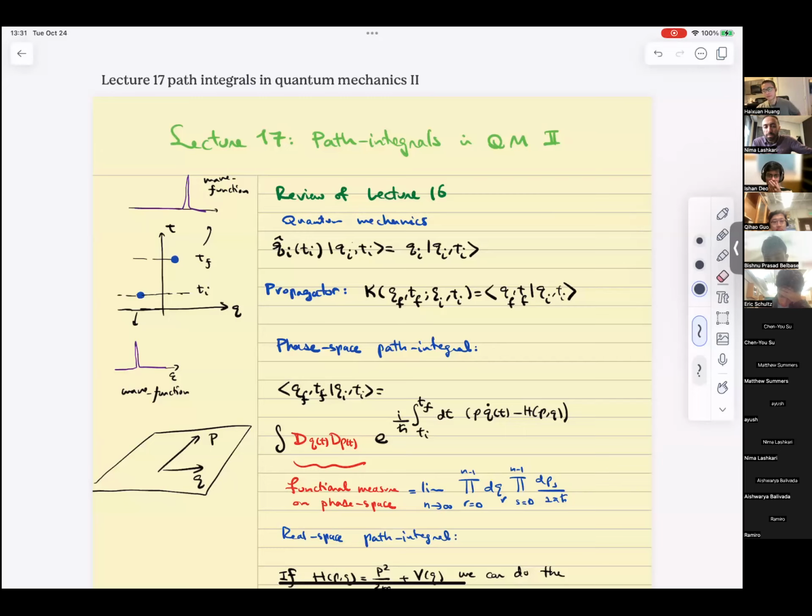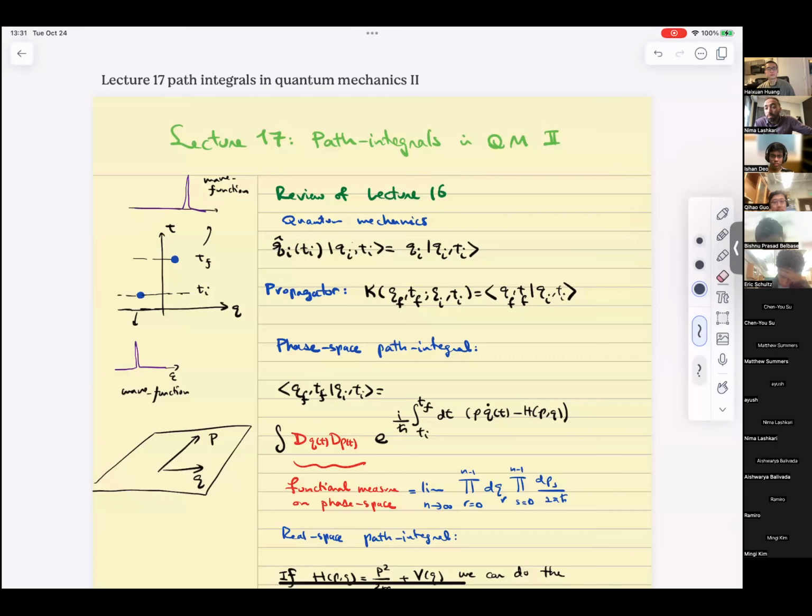As a matter of fact, maybe it's a good point to comment. When we started the course, we said that one important advantage of quantum field theory is that it's a multi-particle theory to start with. Now, problems such as scattering that we're going to be interested in defining, you could talk about scattering of n particles to m particles.